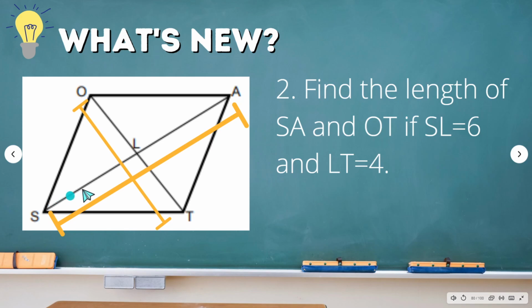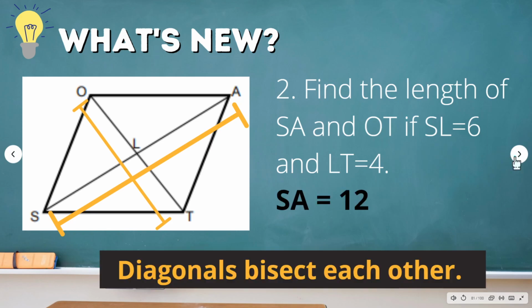So SL is 6 and LT is 4. Find the length of SA and OT. Where's SA? We have here diagonal SA and diagonal OT. What is their relationship? Okay, so SA equals 12, using diagonals bisect each other.